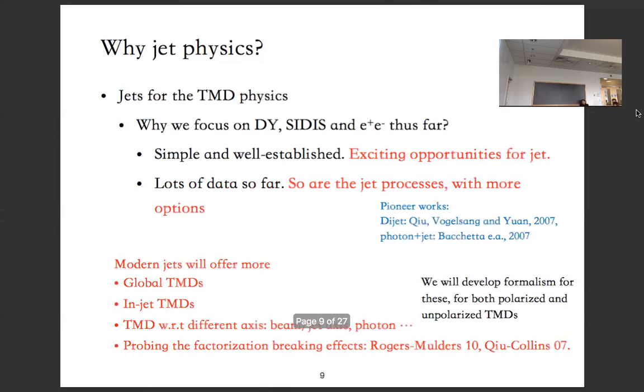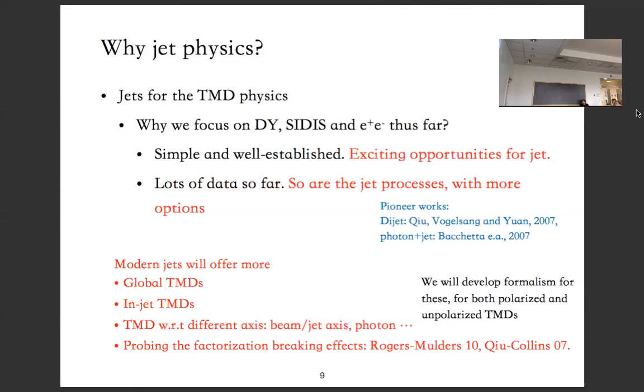But for jet physics, the factorization theorem is probably not that well established, but on the other side, it provides exciting opportunities. You can use jets to do lots of things achievable by Drell-Yan and those simple processes, but you can also test effects which cannot be probed by those processes.